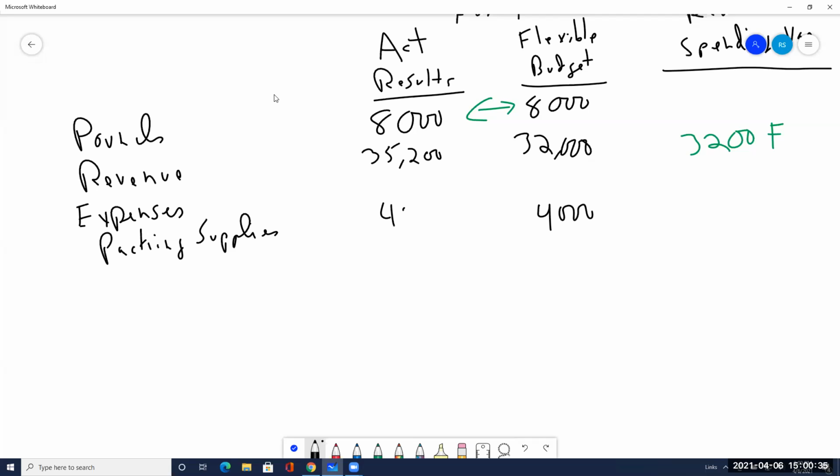It's 4,200 here. So this is a $200 unfavorable. I spent more than I should have on packing supplies. And this is where, from a management standpoint, the boss would always come to me and go, okay, Ralph, you should have spent 4 grand to pack 8,000 pounds. You actually spent 4,200. Why?